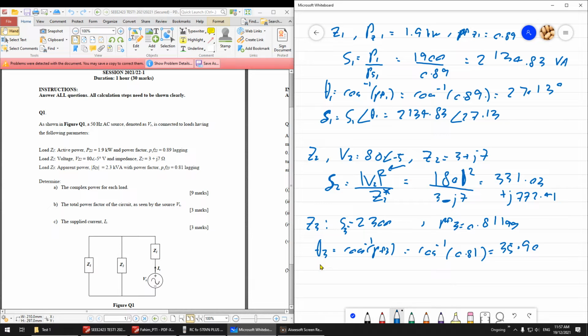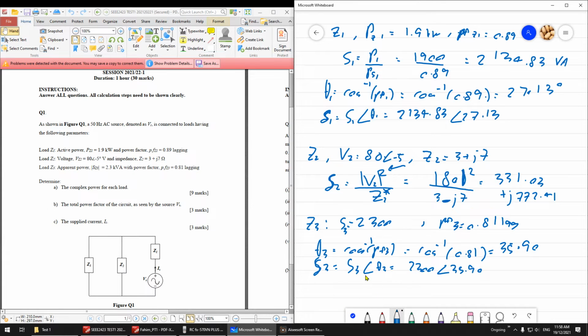So the complex power S3 is S3 angle theta 3, which is 2300 angle 35.90. That is how you solve the equation.